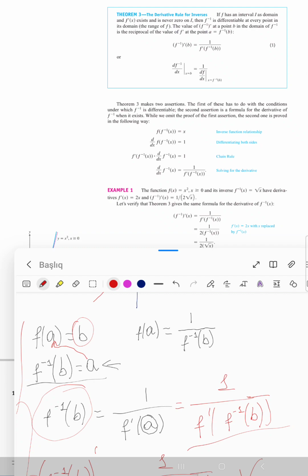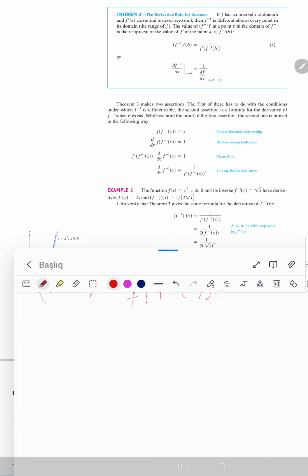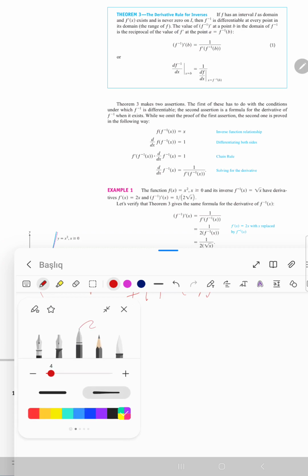Also from the previous chapter about implicit differentiation, we know that we have to find d over dx of f inverse x. And what does that mean?